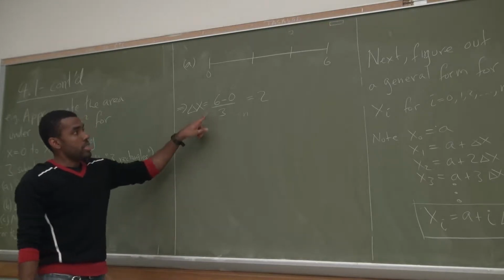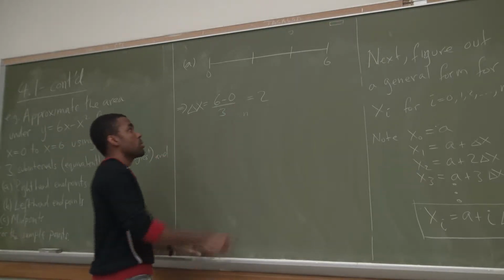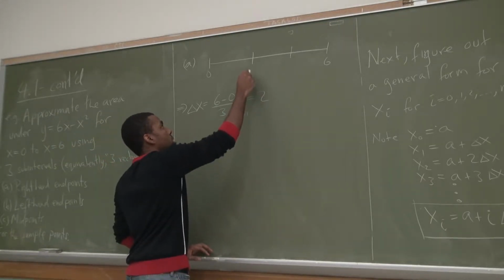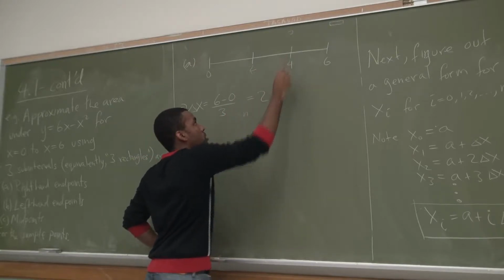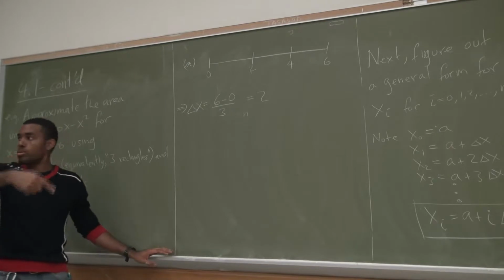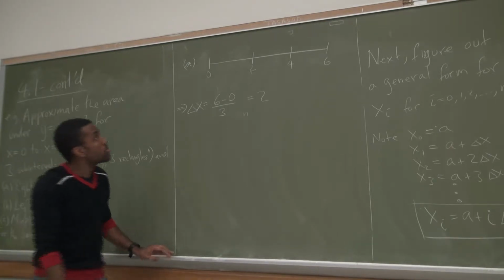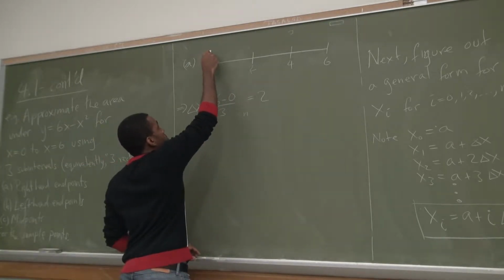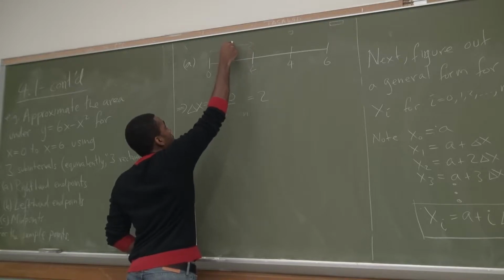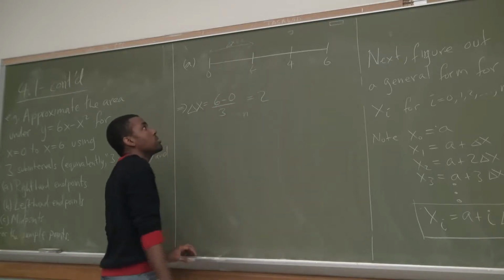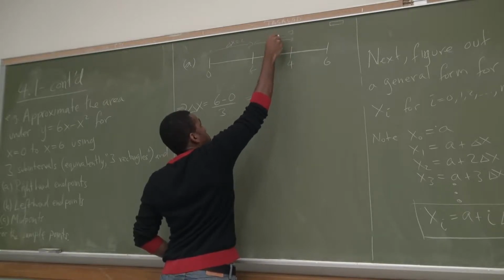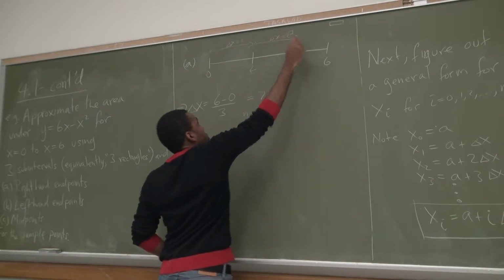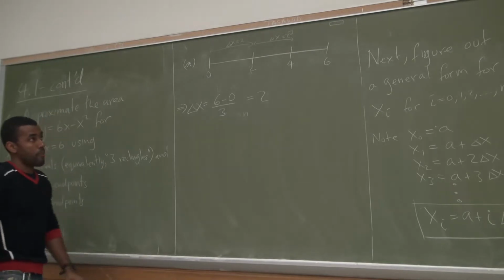So this means I need to skip by 2 every time, which means that this guy here will be 2, this guy here will be 4, right? Because I'm jumping by 2. So this here is my delta x equals 2. And so on and so forth.